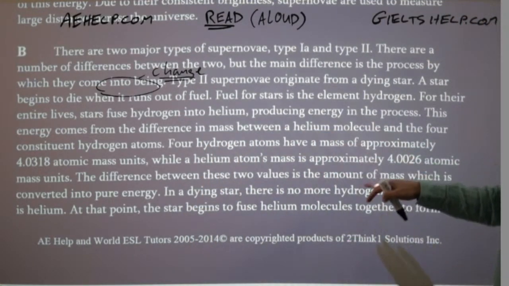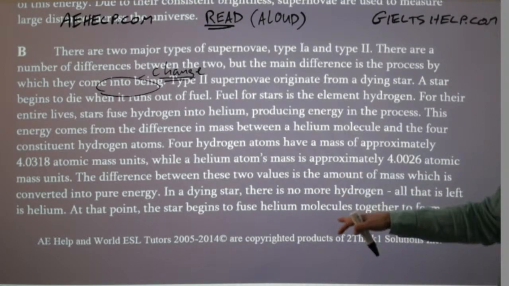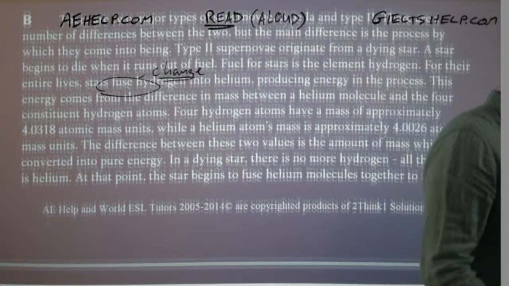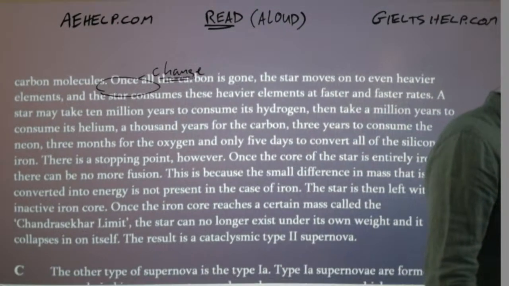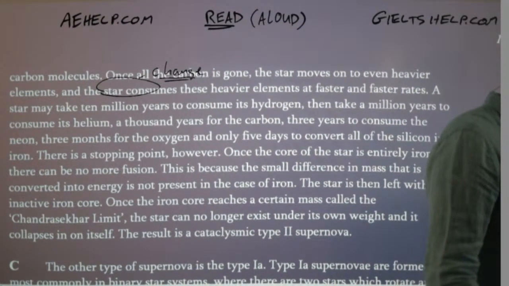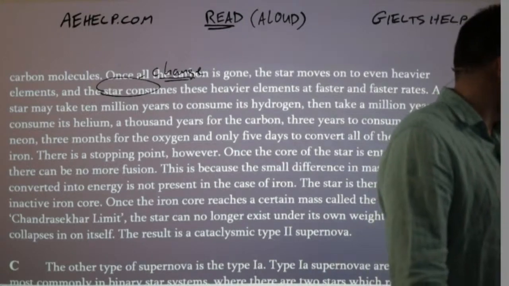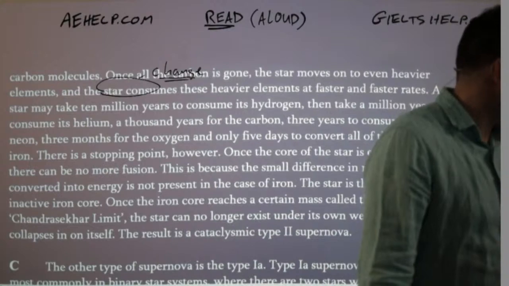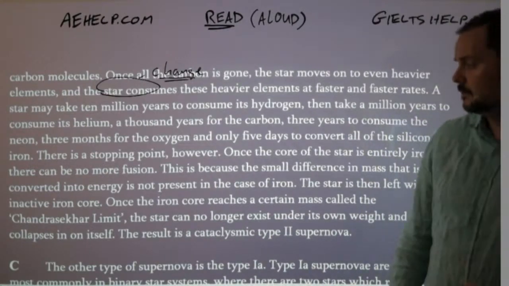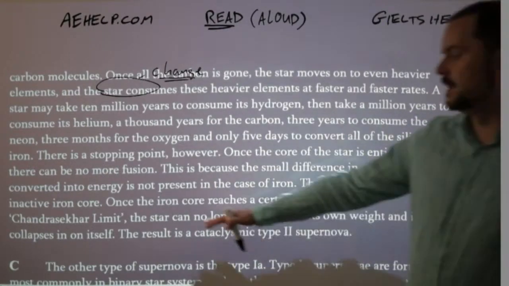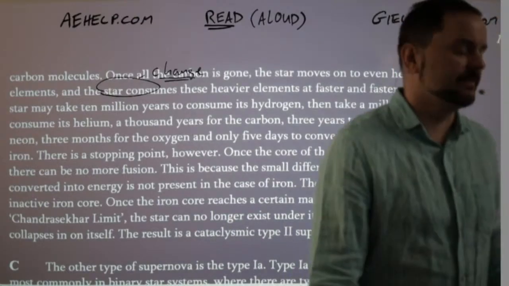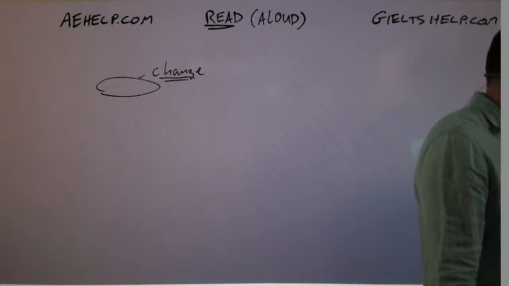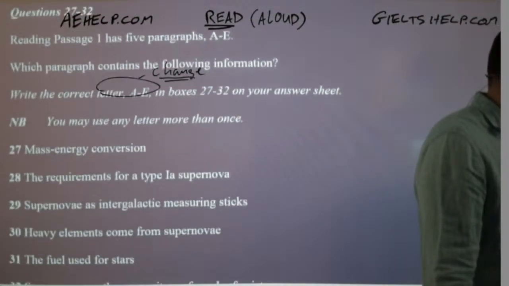And then it talks more about changing the helium into other types of elements such as carbon, and then carbon into neon, and iron eventually. So that's the mass energy conversion, absolutely. Okay, and be confident and then move on.